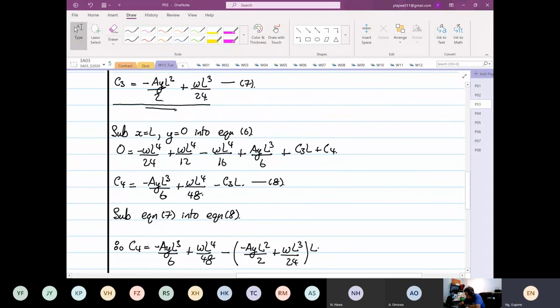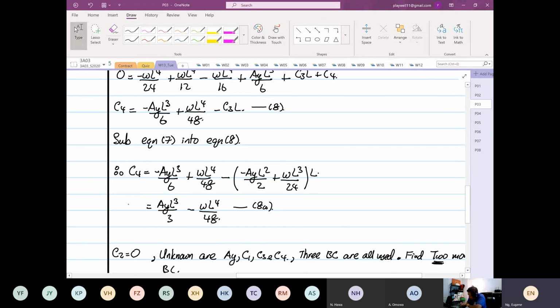And then C4 is AY L cube over 6 plus omega L4 over 4 minus by C3, right? Oh, sorry, we are good. Yeah, this is your C4, right? This term over here, right? So you realize that now we can solve for just AY because all the constants are a function of AY now. Yes or no?